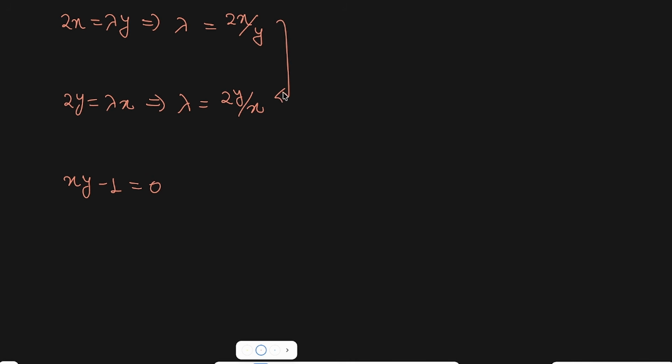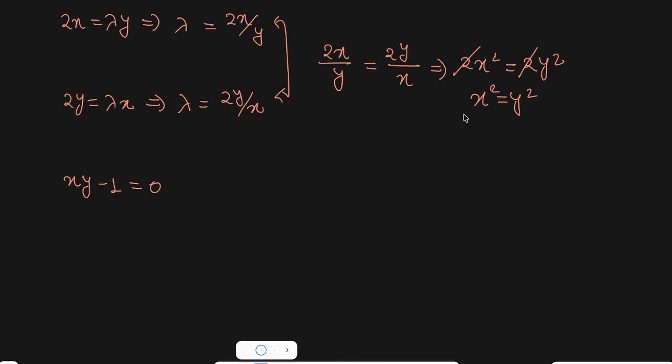Now I can equate both, because lambda is unique. So 2x/y = 2y/x. So 2x² = 2y². The 2 and 2 get cancelled. So x² = y². It means x = y. This is the relation between them, x = y.